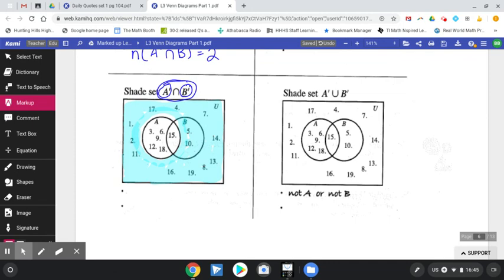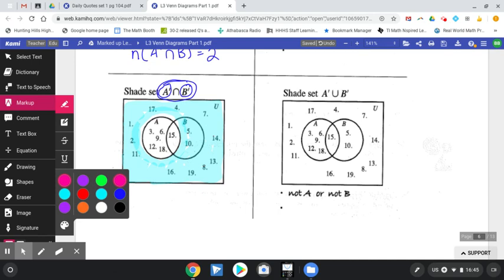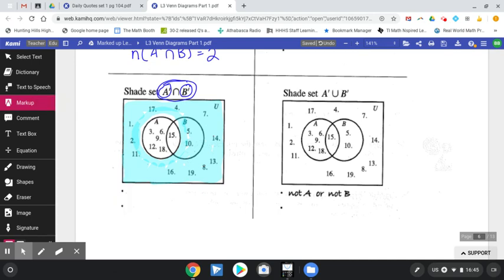And now I'll do not B. Maybe you can already visualize it, and maybe you don't need to use the two kinds of shading. So here goes not B. It's everything that is not in circle B. Now, as you're doing this, remember that we're looking for where the blue and the pink overlap.